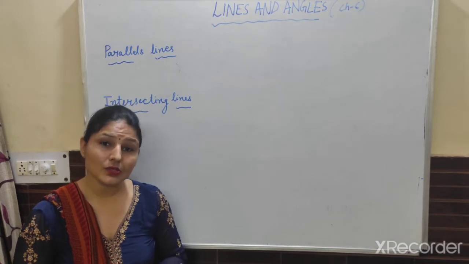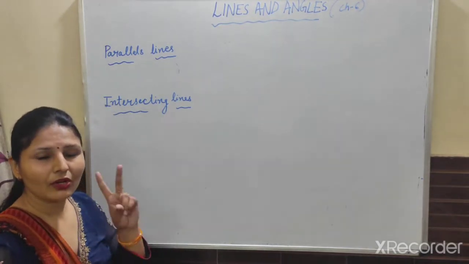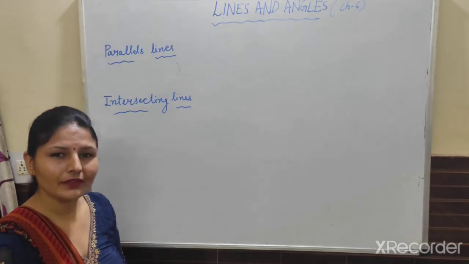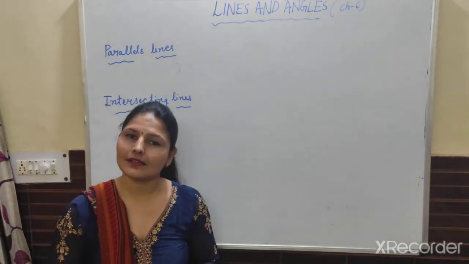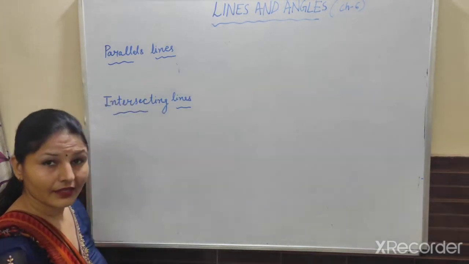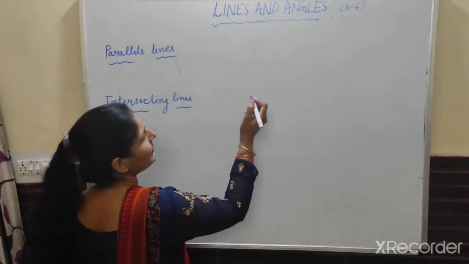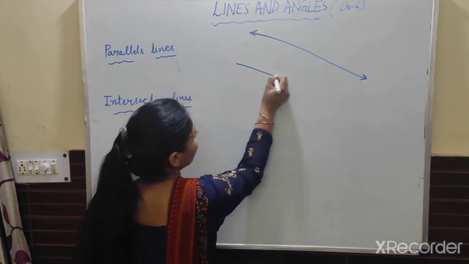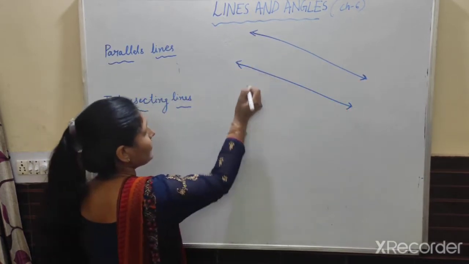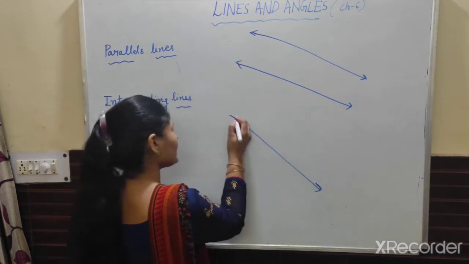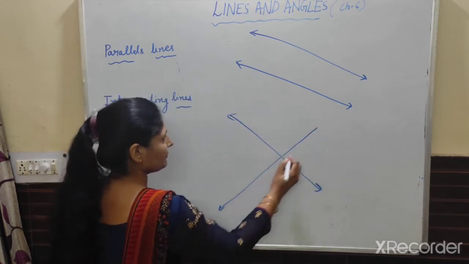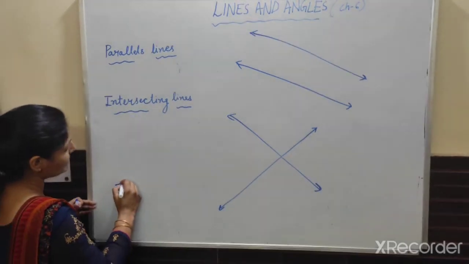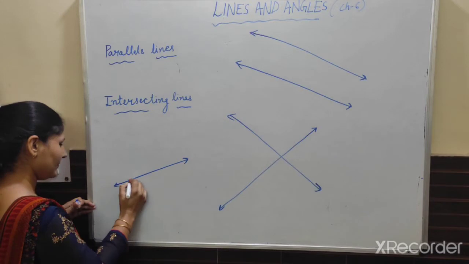Students, if I ask you to draw a pair of lines or two lines on a plane, then how will you draw it? How many possibilities are there? I think you can draw the line like this, or you may draw like this also, or some students can also draw like this.